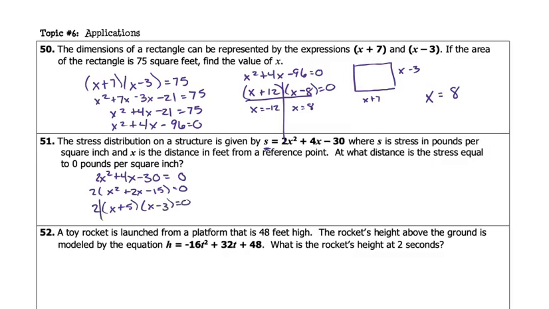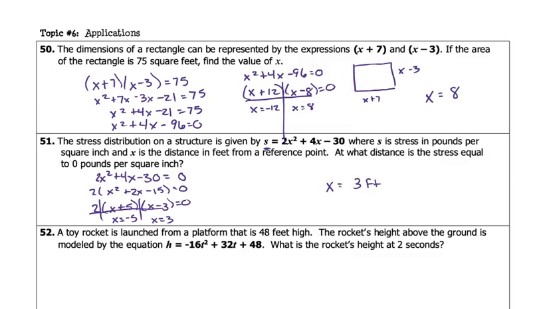So then I could tee each of these up, and I would know that this would be x equals negative 5, and this would be x equals 3 when I set them equal to 0. And then I think about distance, and I know that negative 5 doesn't make sense in distance. Positive 3 does, so my answer here for x would be 3 feet, my distance.